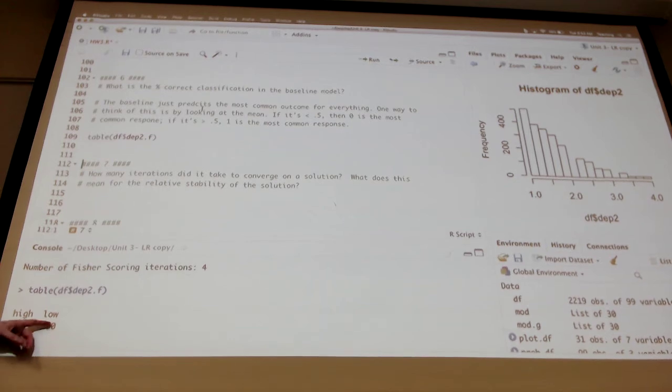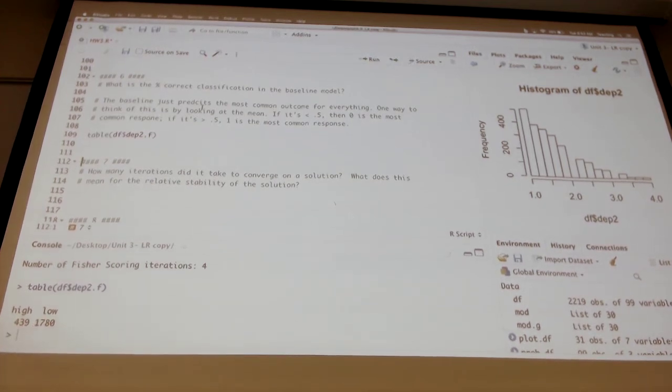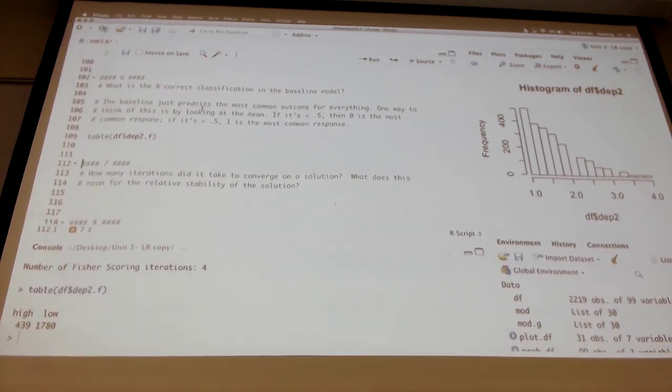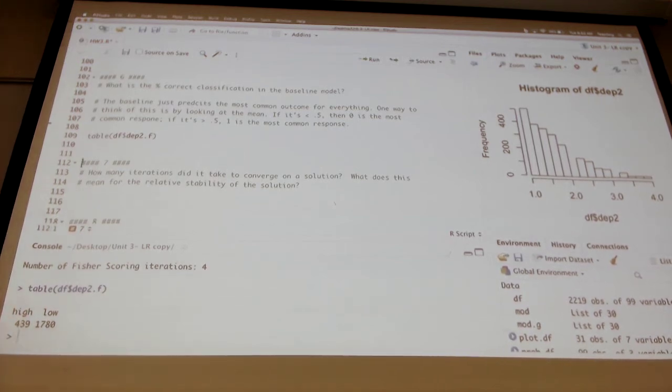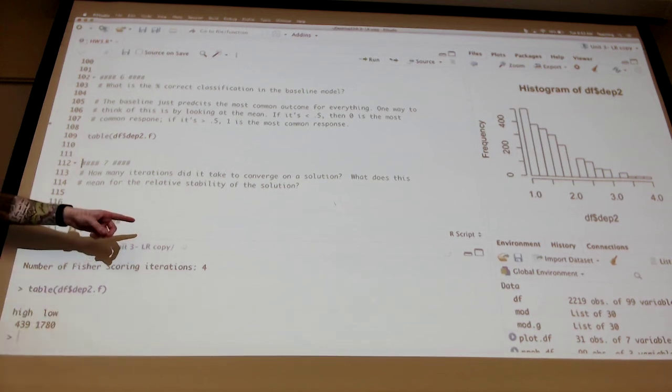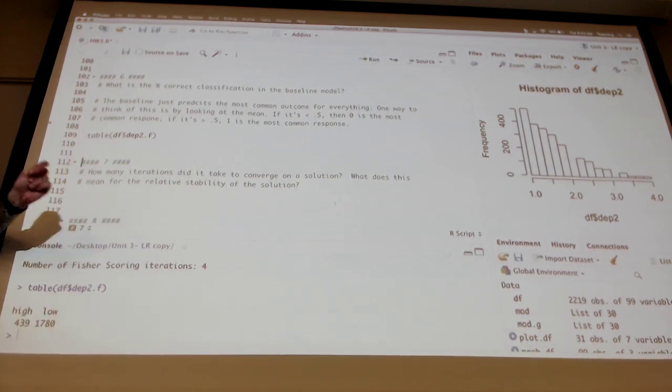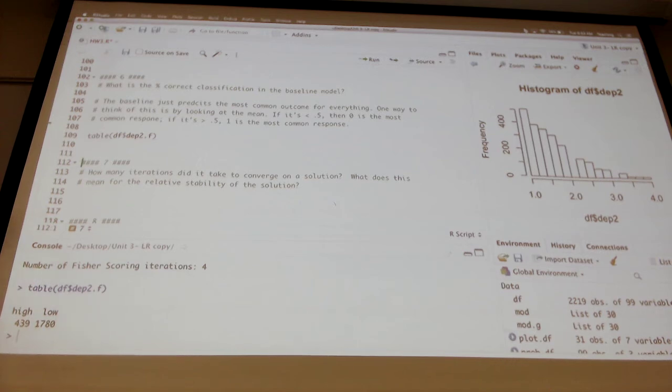Low is the more commonly occurring outcome. So if low occurs more often, the baseline model just predicts low for everybody. What percentage of the time is that correct? It's correct 1,780 times out of all the occurrences.